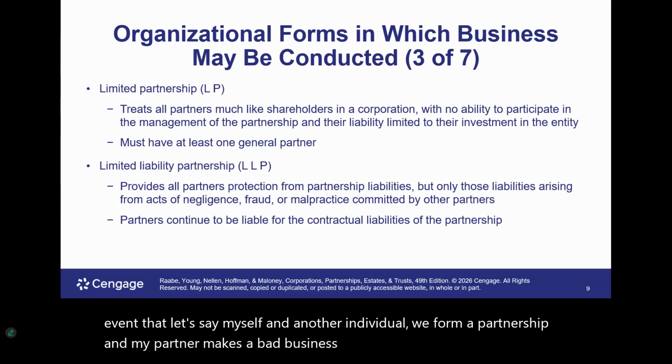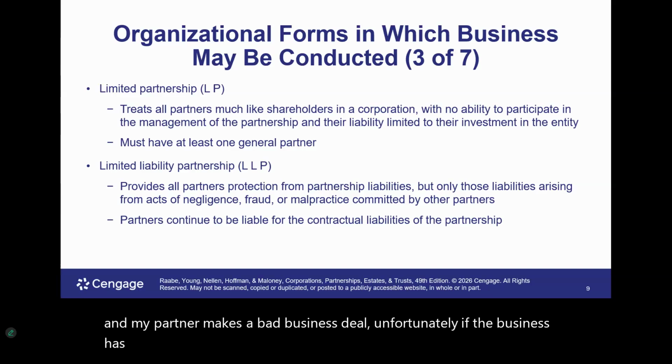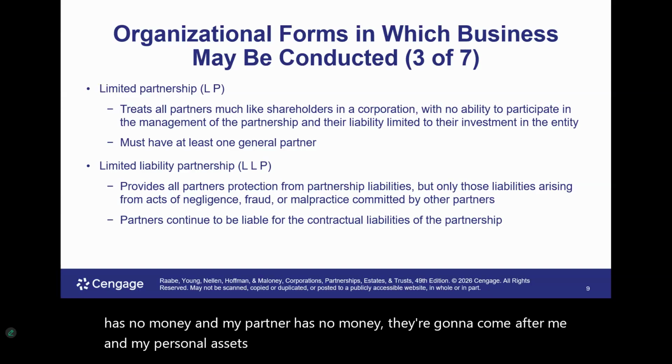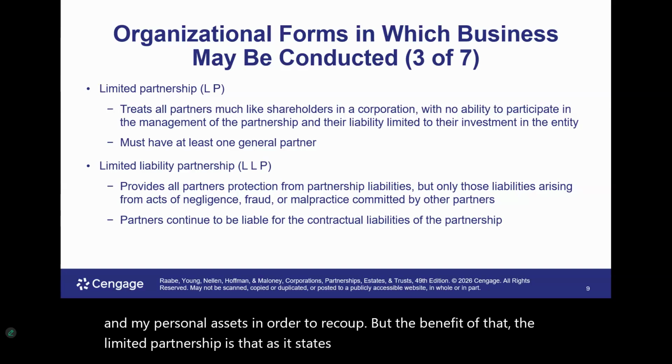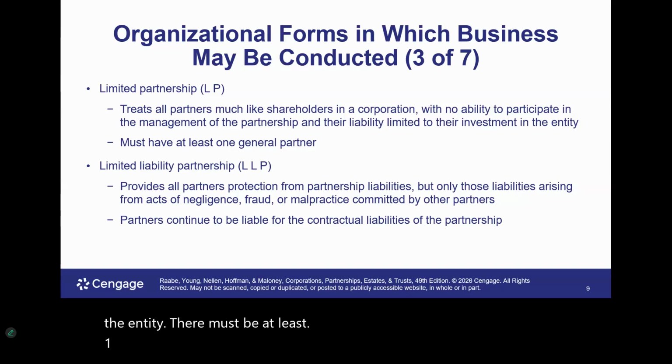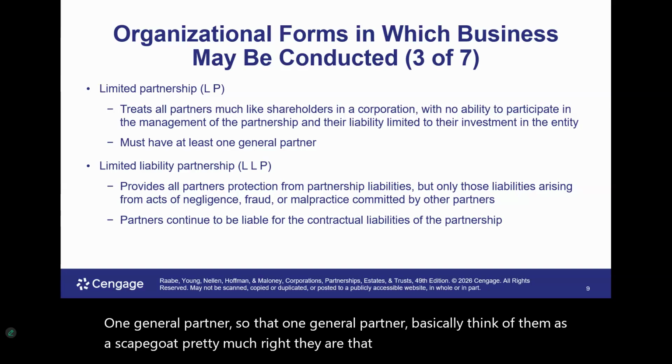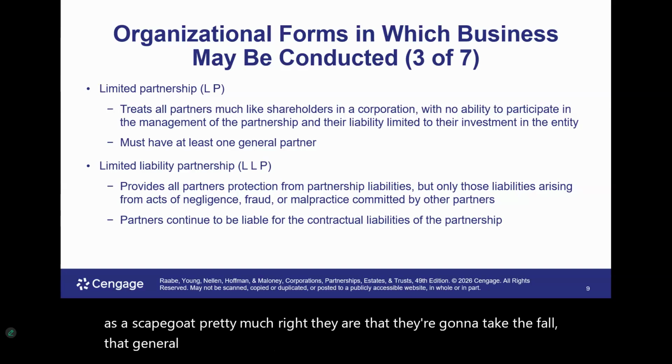Unfortunately, if the business has no money and my partner has no money, they're going to come after me and my personal assets in order to recoup. But the benefit of the limited partnership is that, as it states here, it's limited to my investment in the entity. There must be at least one general partner. Basically think of them as a scapegoat, right? They're going to take the fall. That general partner takes on full responsibility, full liability rather.